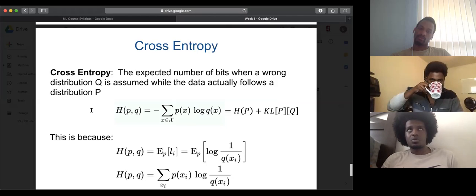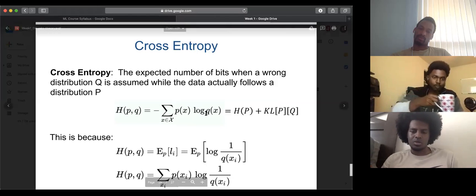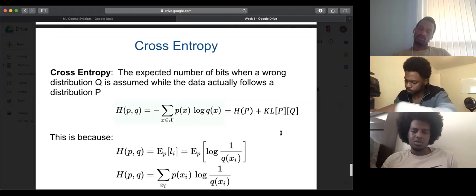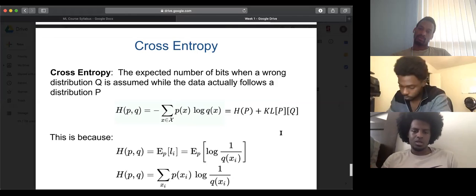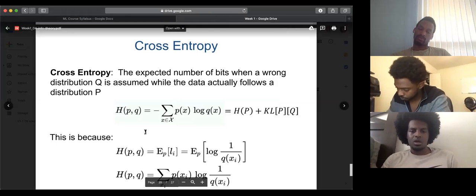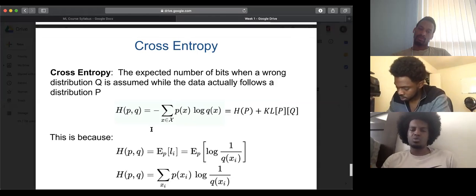Say I have a set of data points, and I am going to assume a distribution Q. This tells me the entropy between my actual observed data and the distribution I'm trying to model it by.